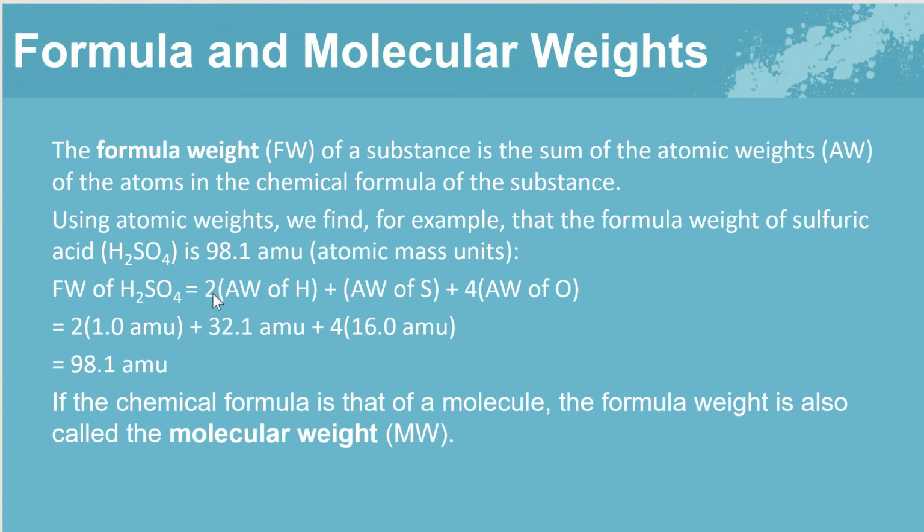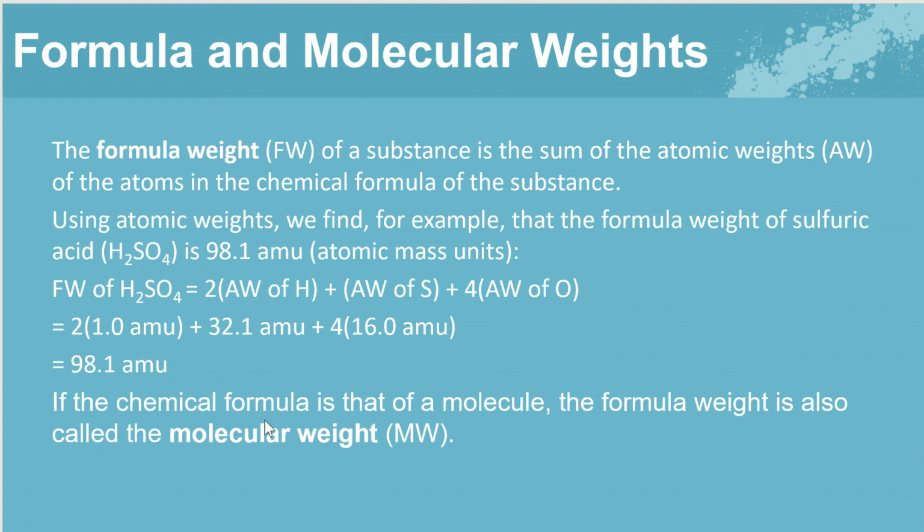So 2 hydrogens would be 2 multiplied by the atomic weight of hydrogen, which is 1, added to the atomic weight of sulfur, added to 4 times the atomic weight of oxygen, which is 16 atomic mass units. Once we do our multiplication and add them up, we get the formula weight of sulfuric acid.